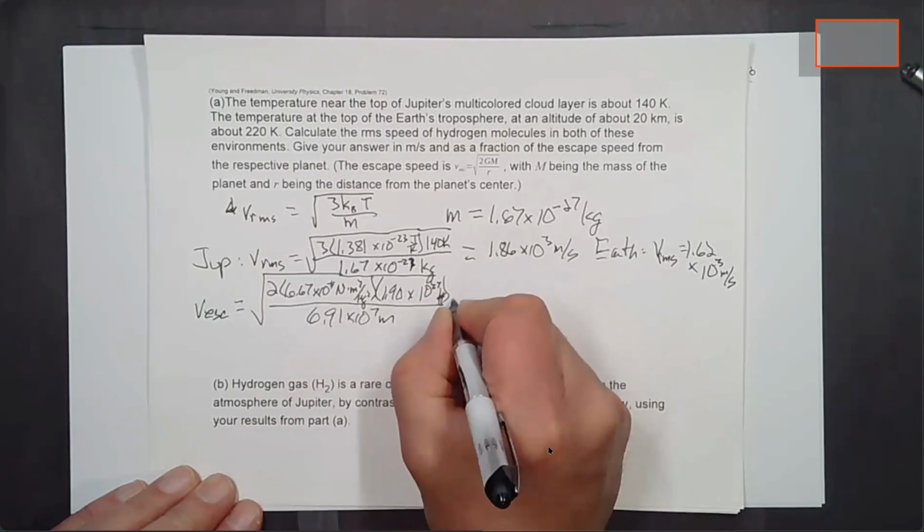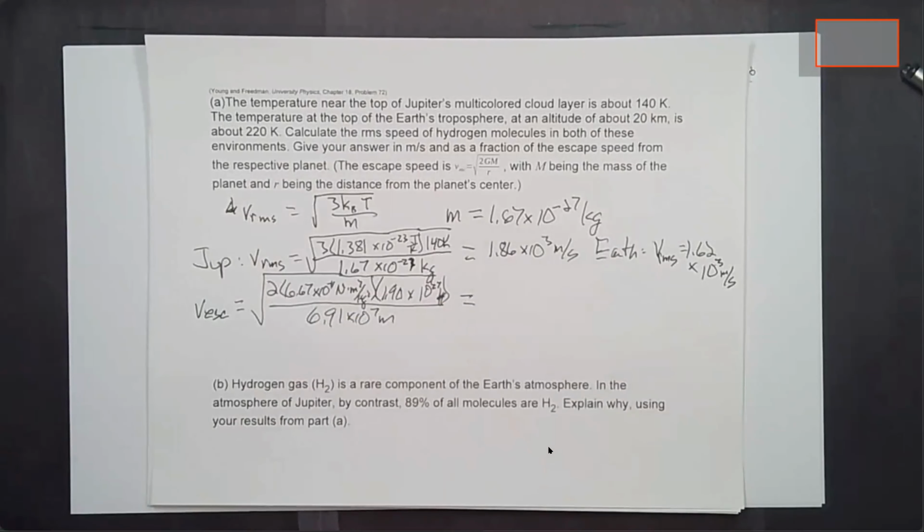And so escape speed from Jupiter, another square root.